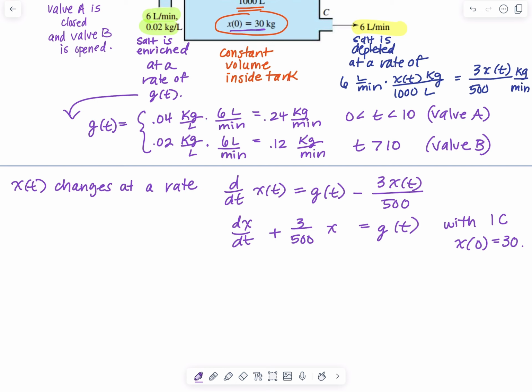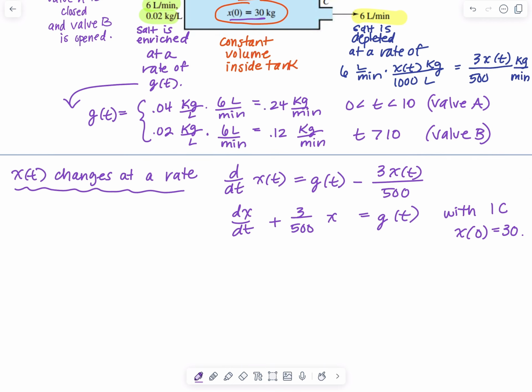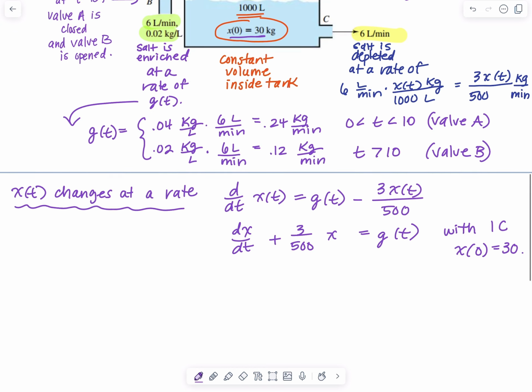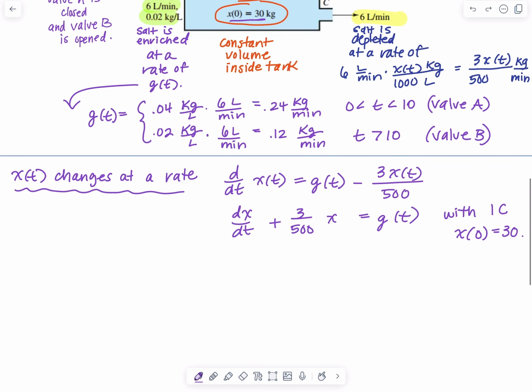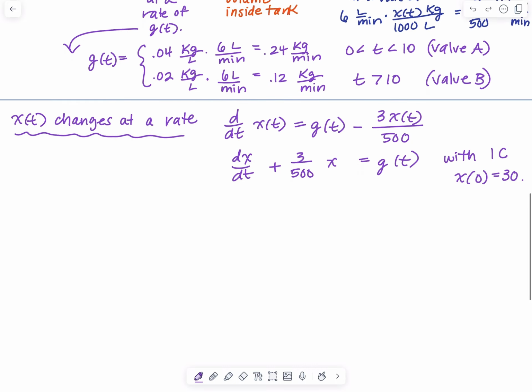So in order to solve this initial value problem, we would have to use some previous techniques, but we would have to break up these intervals. And so what we want to do is find a more convenient way to solve this IVP.